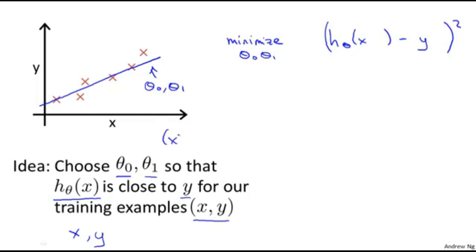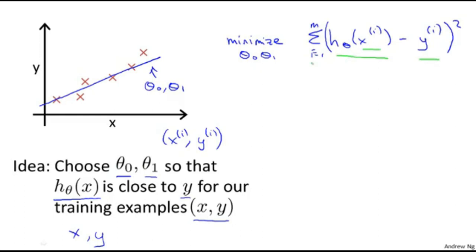Okay? So let's fill in some details. You remember that I was using the notation x i comma y i to represent the ith training example. So what I want really is to sum over my training set, sum from i equals 1 to m, of the squared difference between the prediction of my hypothesis when it is input the size of house number i, minus the actual price that house number i was sold for.